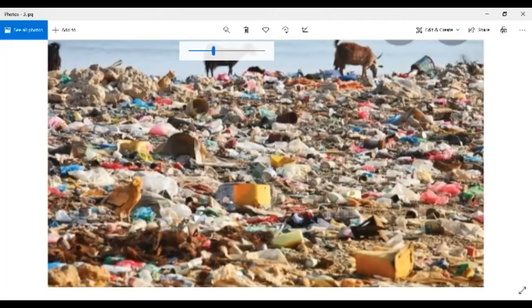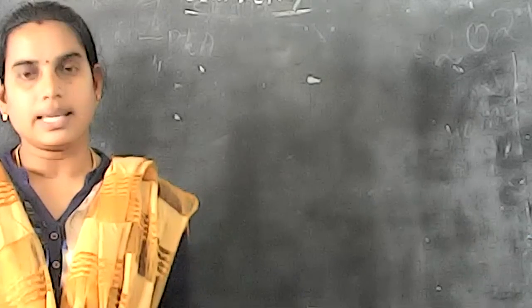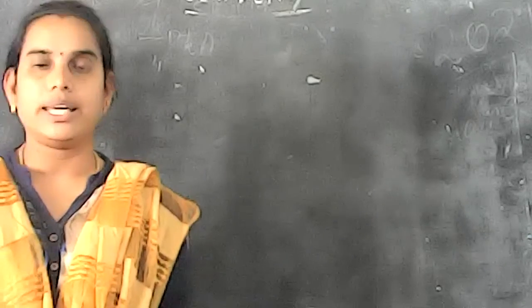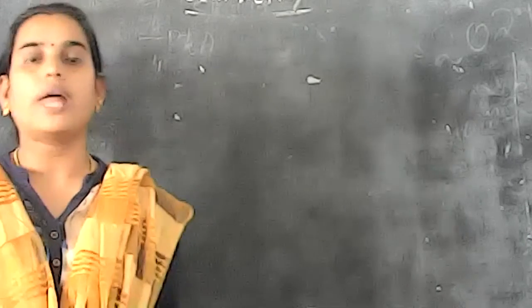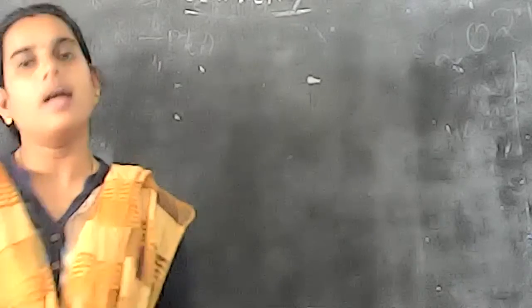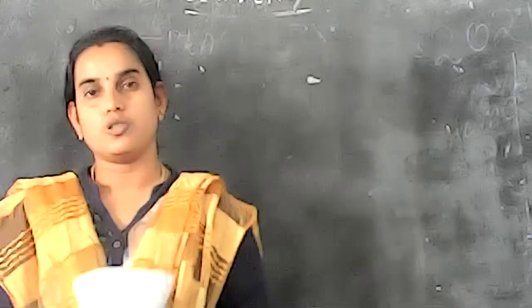Okay, this is because plastic does not undergo biodegradation like other substances. That's why it causes more environmental problems. Now, what are the measures we can take to reduce plastic pollution?